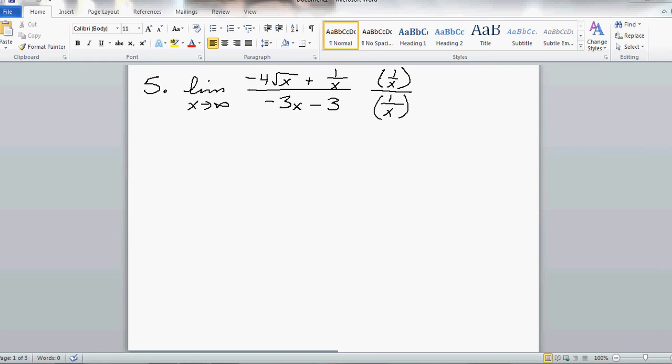Multiplying by 1 over x is the same as dividing by x. And so let's see what we get. Now here's where we need to do a little bit of algebra thinking, I guess is the best way to show it.